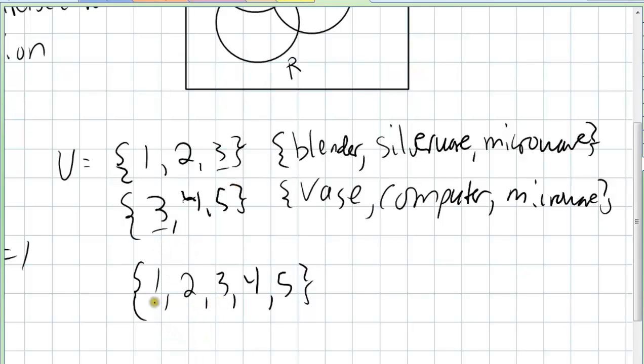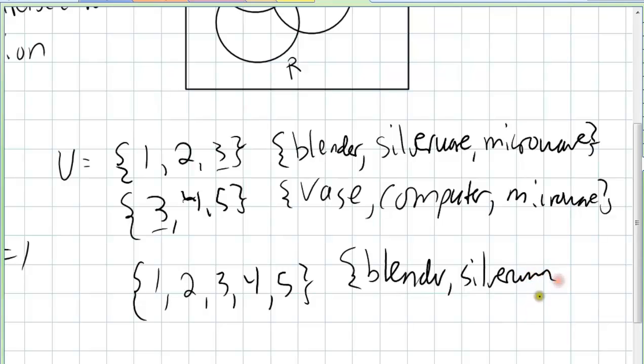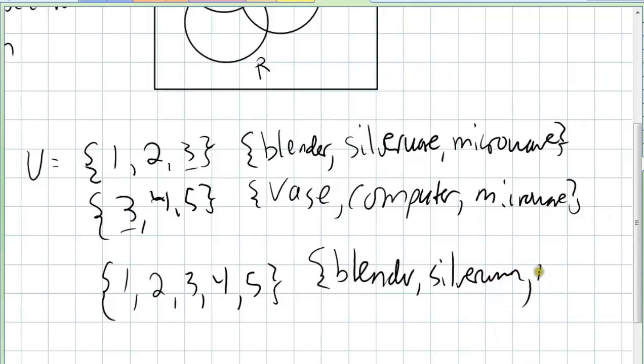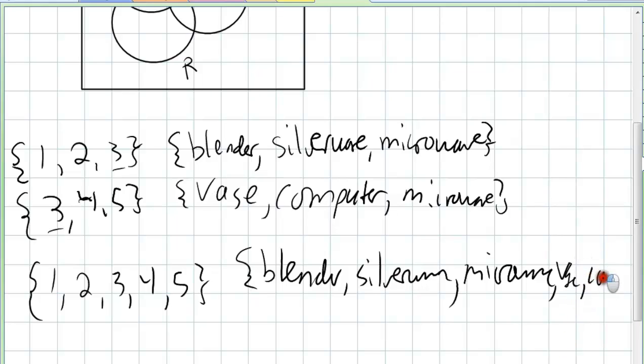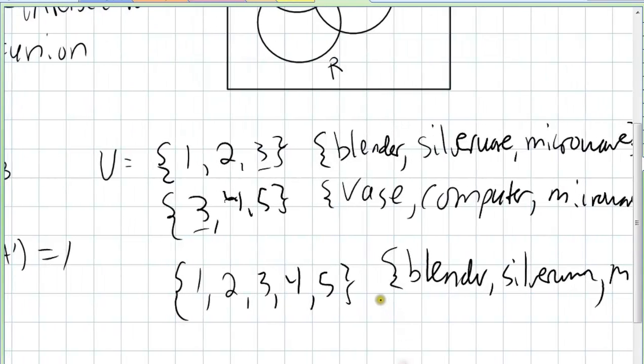And then in our metaphor, we would have our blender, and the silverware, and a microwave, and the vase, and the computer, and I wouldn't have to list the microwave twice because we already have that. So basically, this is a union. You consider everything together, okay?